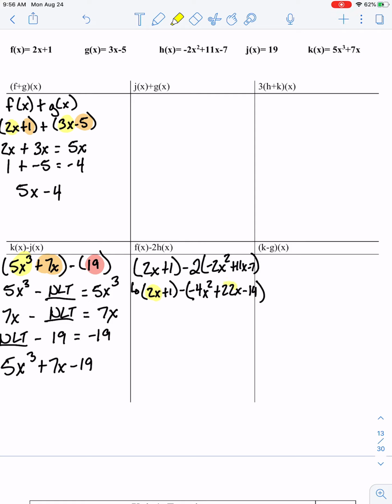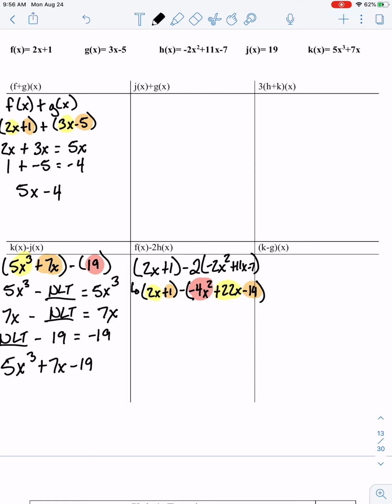However, I have a 22x, same variable, same degree. I then have a constant, or just a number on the left. I have the 14 on the right. I'm done with my left set of parentheses. Well, then I have an x squared term on the right.